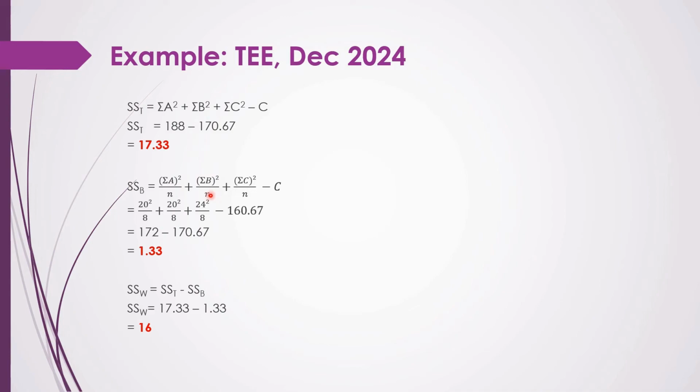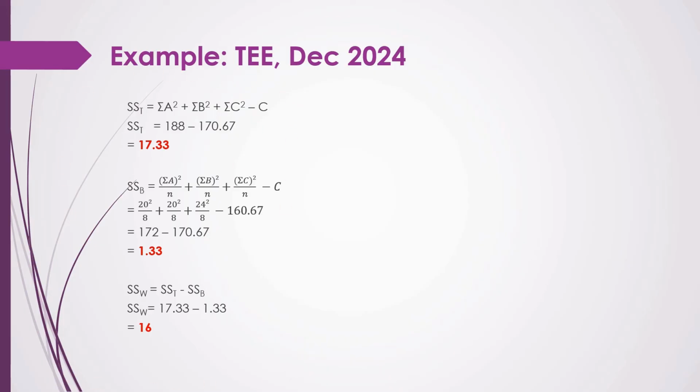Sum of A whole square by n plus sum of B whole square by n plus sum of C whole square by n, minus the correction term C. Substituting the values, we get 172 minus 170.67, which is 1.33. Finally, sum of squares within the group, which is we subtract sum of squares between the groups from the total sum of squares, and we get the value 16.